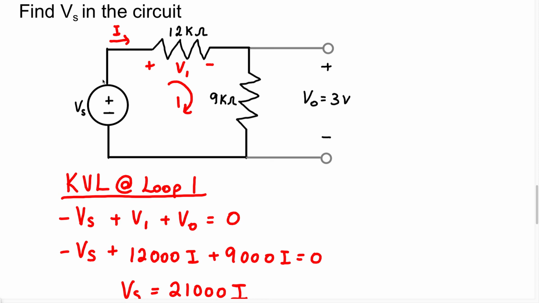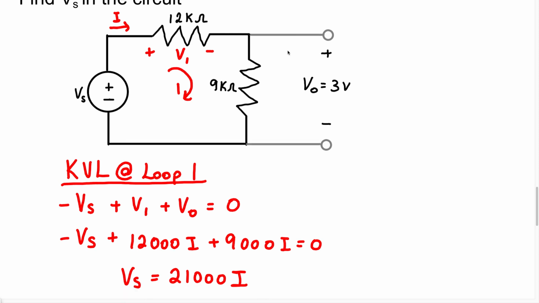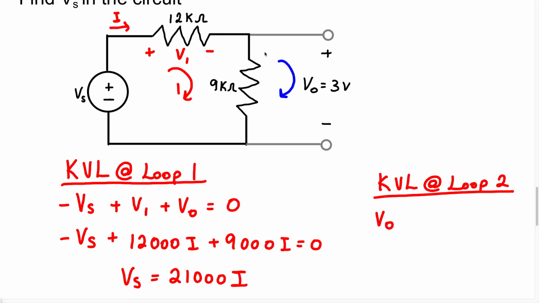Now remember, they want us to find Vs, so we have to find what I is in this circuit, right? So let's write a KVL equation for this loop. I'm going to say KVL at loop 2. So we're going to have plus VO, and I'm going to treat this as a voltage drop as well, right?